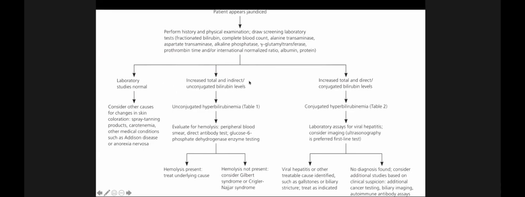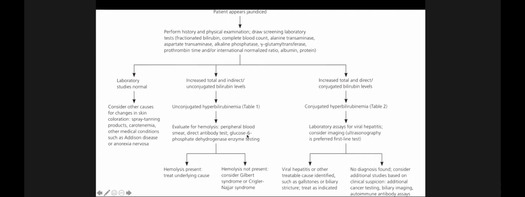If you have increased total and indirect bilirubin, or rather if you have unconjugated hyperbilirubinemia, right, you are going to look for hemolysis. What can you do? You can do a blood picture as you did. There might be specific features. You can do a direct antibody test if there are spherocytes, to look for autoimmune hemolytic anemia.